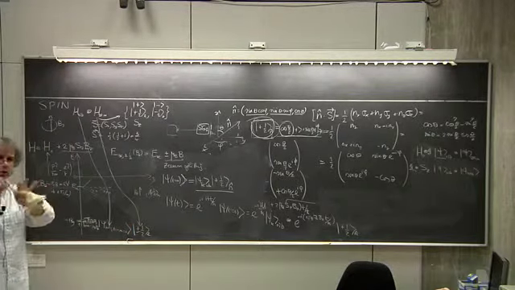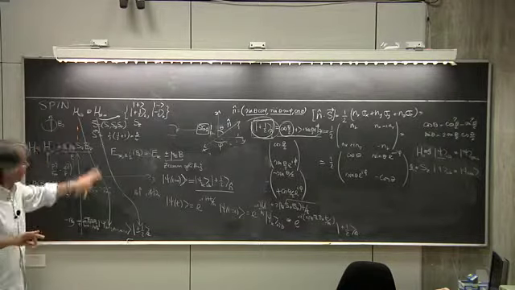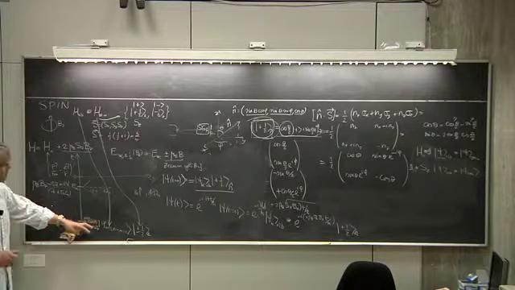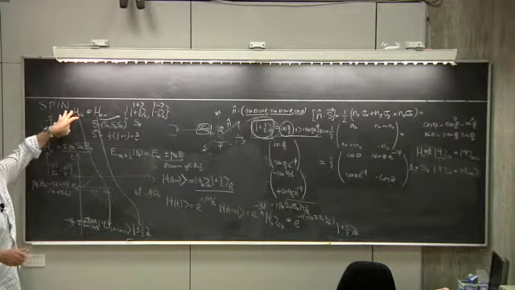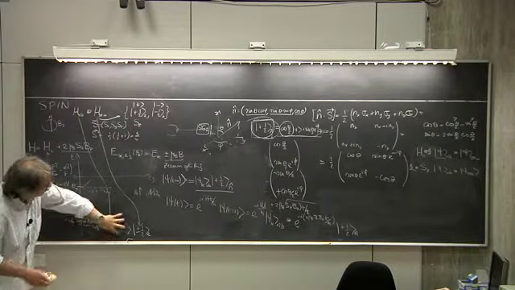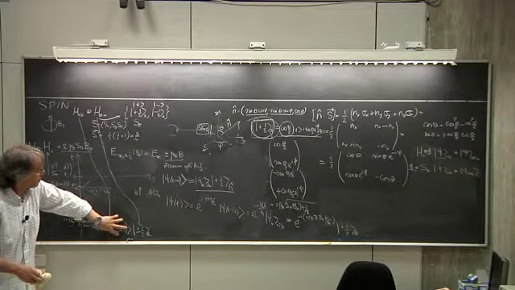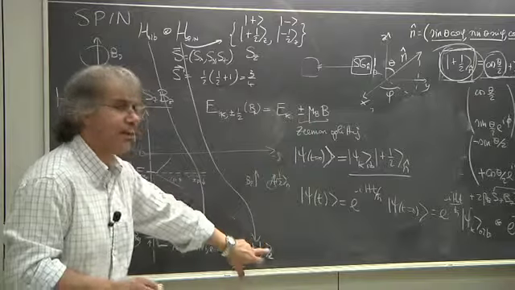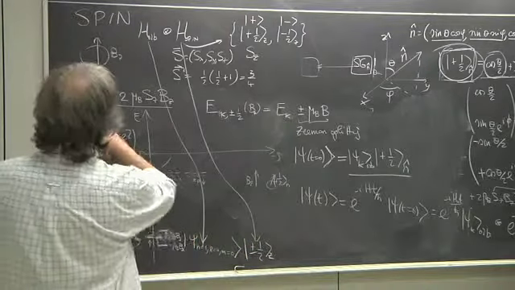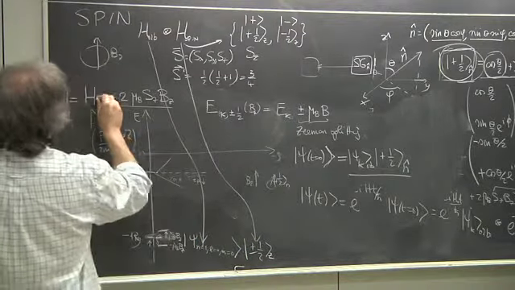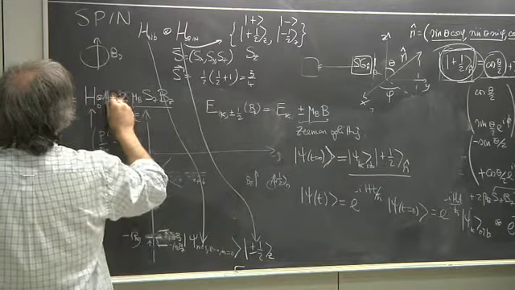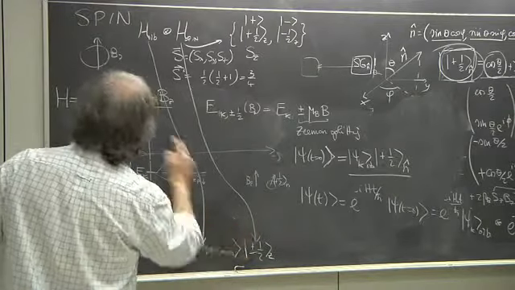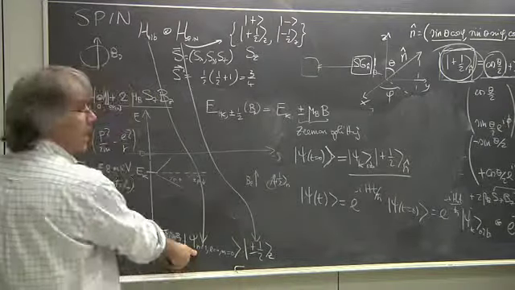Now, if I act with an operator which involves only the first space, I act only on this. That operator has the effect of being just the unit operator in the other. So an operator like H0 really means H0 times the unit in the spin part.